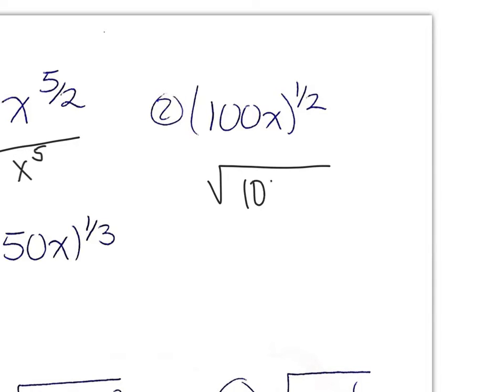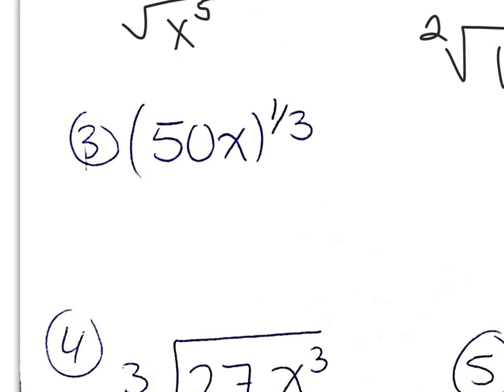We have 100x all under our radical, and our index is the bottom, so we would have a 2 here, and our top is our exponent. Again, if it's a 2, we really don't need to write it, and if our exponent is a 1, we don't need to write that either. So that would be our answer, or we could get rid of this 2, and it'll still be correct.